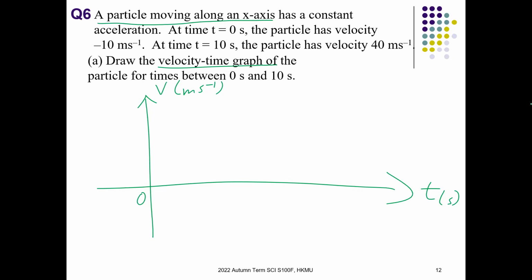And now we just refer to the information in the question, where it gives us the information of 2 points. At time t equals to 0 seconds, this is -10. At some point, we are having 10 seconds. The particle reaches the velocity of 40.